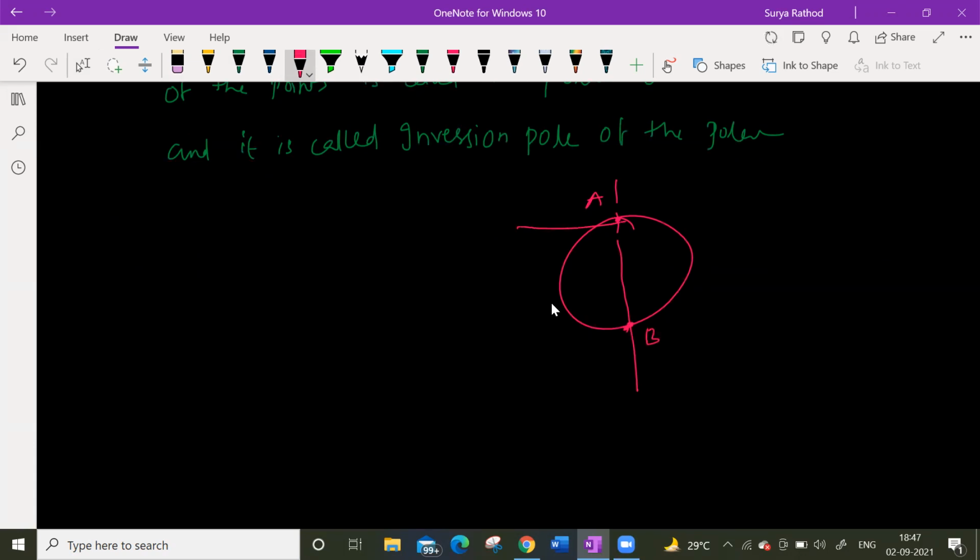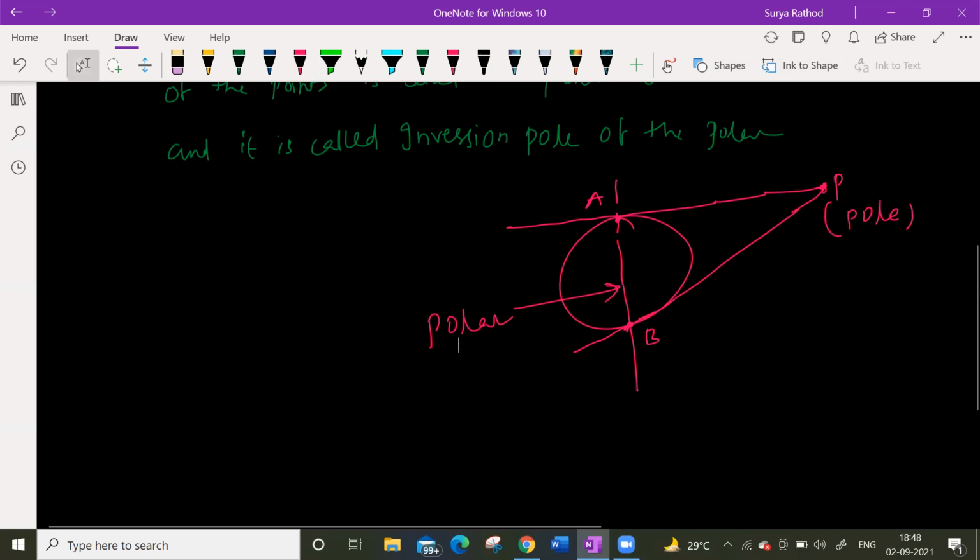If I draw tangents like this, touching these two points, they meet at a point P. This is what is called the pole here. This is what is called the polar. Understood? Basically, this is the pole and polar.